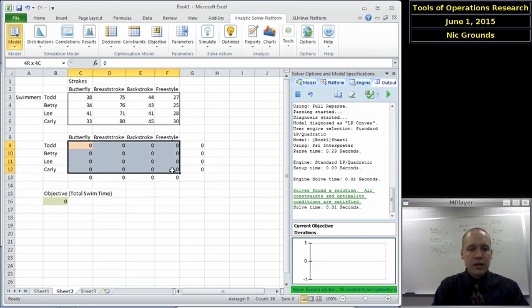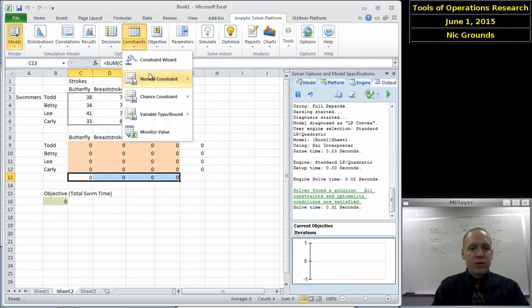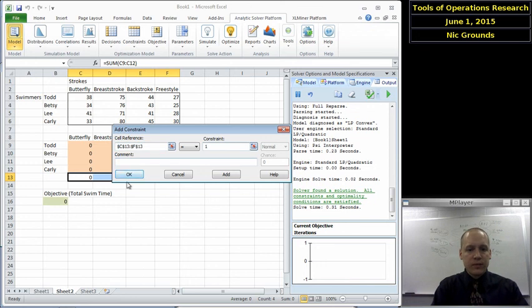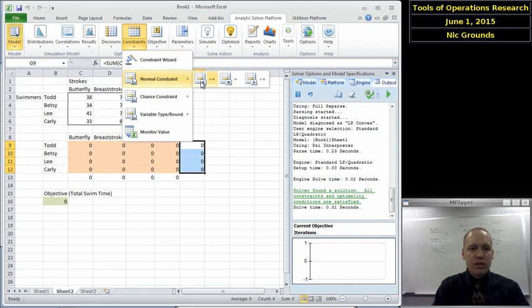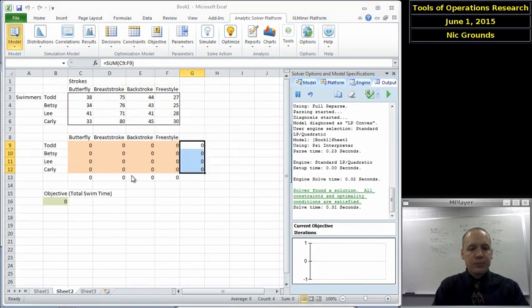Okay, so we'll create the model by declaring these as our decision variables. This is the objective we want to minimize, and each row is going to be constrained to be equal to 1. Okay, this is an assignment problem, so the constraints here we can represent as being purely equal to 1.